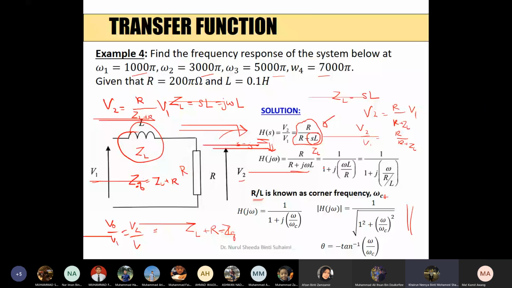Sampai kat sini, lepas tu you just substitute R and L into the equation. So you get the value. Then after that you use this value, omega 1, omega 2, to substitute into omega, find the magnitude and the angle, the phase. So you plug in the value of this, then you get the answer.